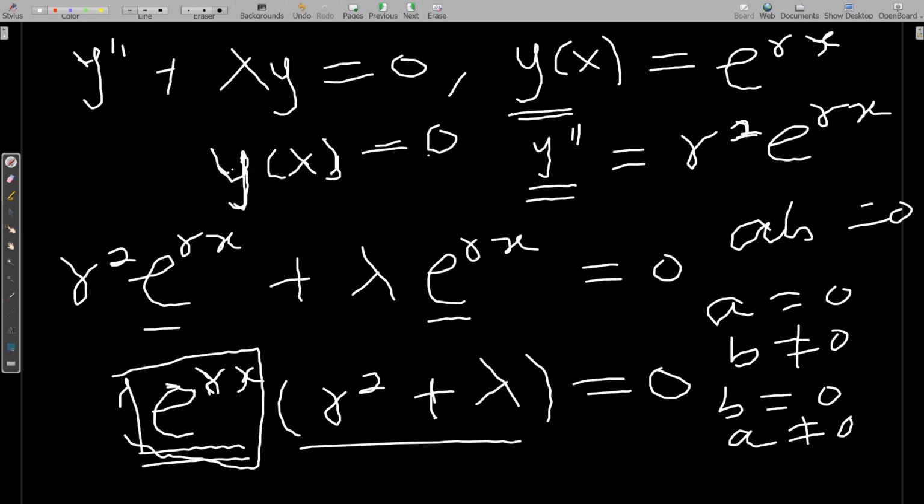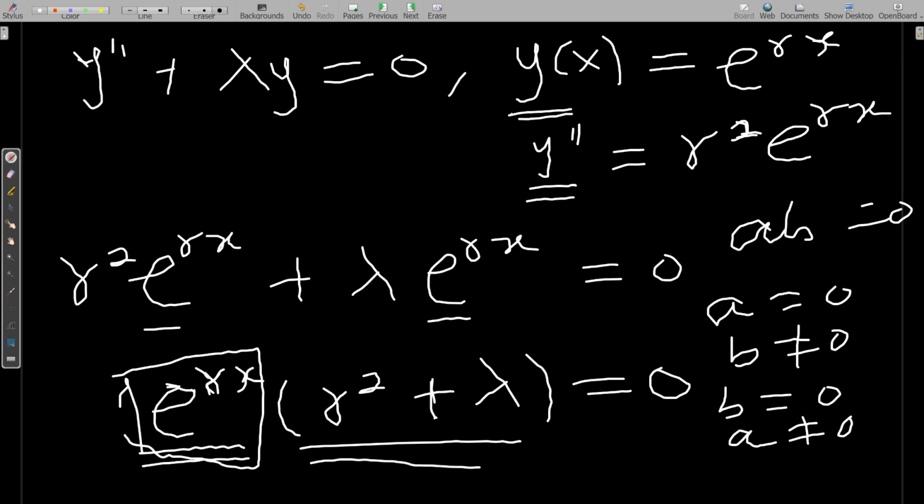So here it means that, let me erase this for you, we can't actually say that e to the power rx is 0. Then the only case we can consider is when the other factor, r squared plus lambda, is equal to 0.